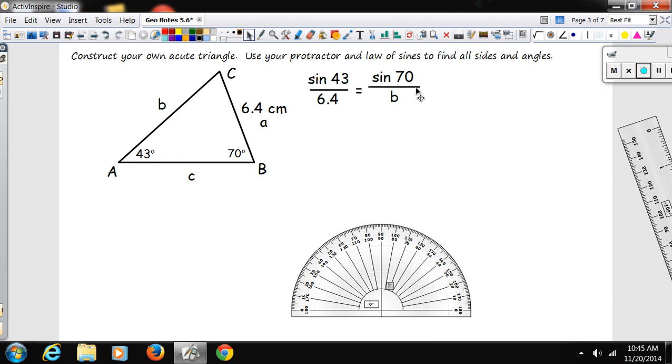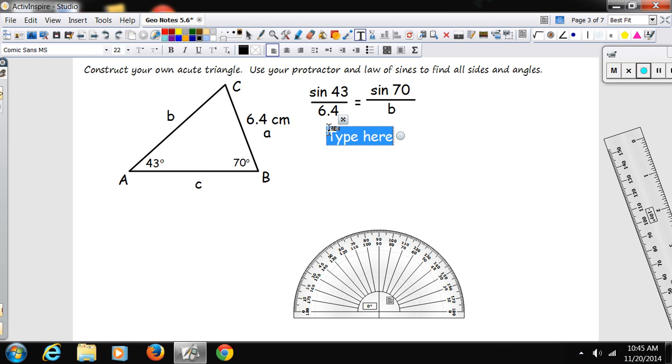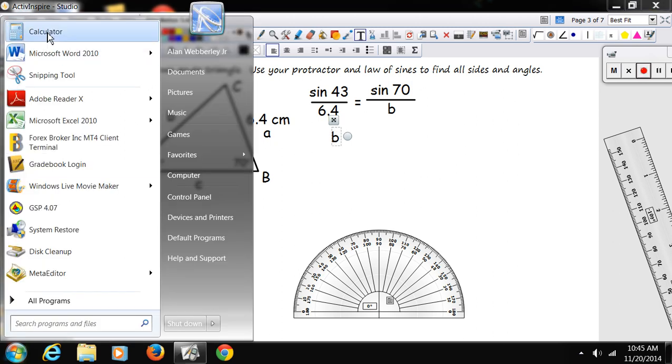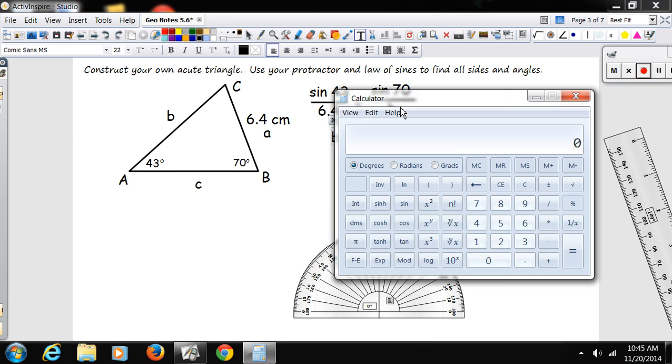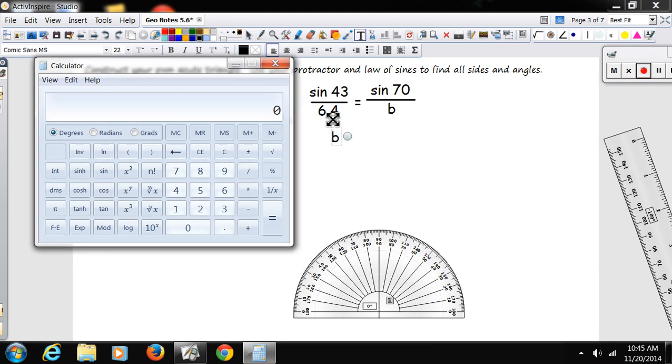And then just do your calculator work. I'll do it on the computer here, so you can see it. I would do 6.4 times the sine of 70 for me. I have to put 70 in first and then hit sine, and then equals.